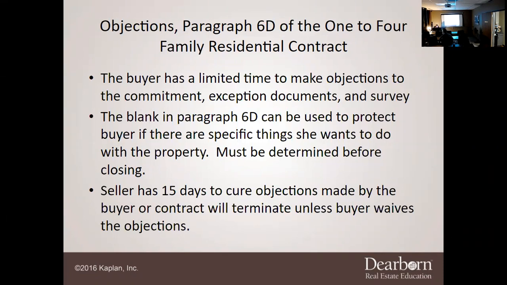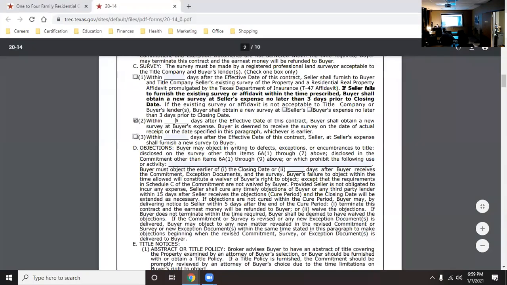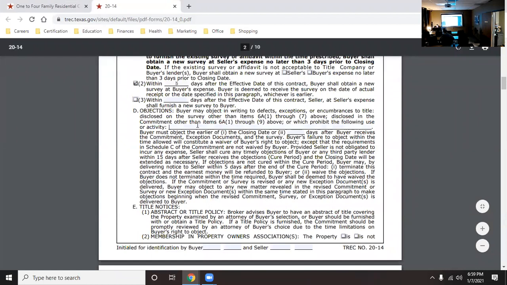The seller has 15 days to cure any objections made by the contract, or the buyer will terminate unless the buyer waives those objections. So right here, another key point, right here in D, what I always put in here, this is standard, standard for me. I do residential and or rental usage.